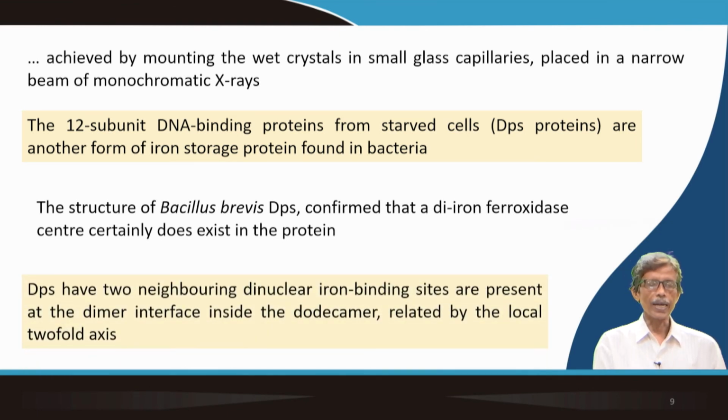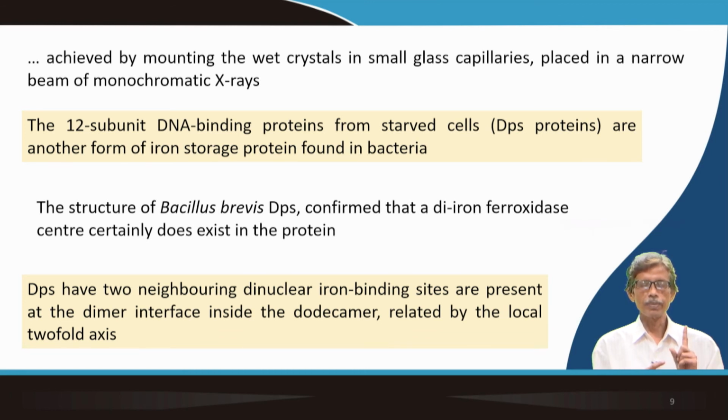But instead of that, these DPS have two neighboring dinuclear iron binding sites at the dimer site, an interface inside the dodecamer, the 12 subunits we are talking about. Dodecamer means the number is 12. So, the 12 subunit DNA is there and related to the local two-fold axis, because all these crystals can have some crystallographic symmetry.